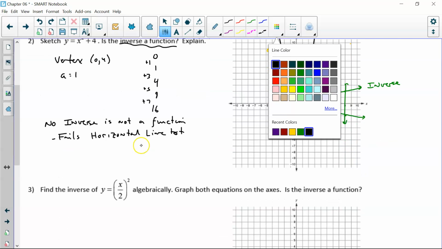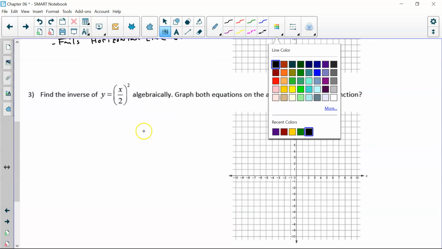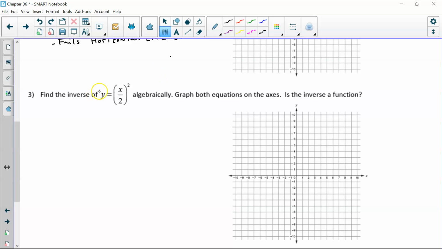Let's do one more. Find the inverse of y equals (x over 2) squared algebraically. So the inverse. So if we have y equals (x over 2) squared, x equals (y over 2) squared.